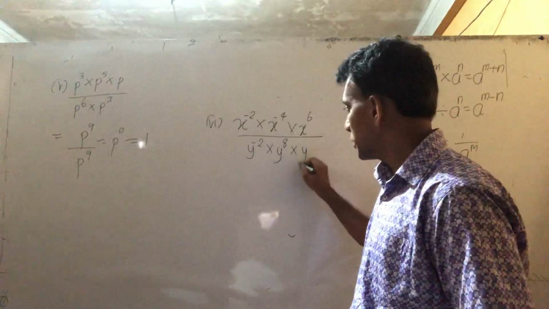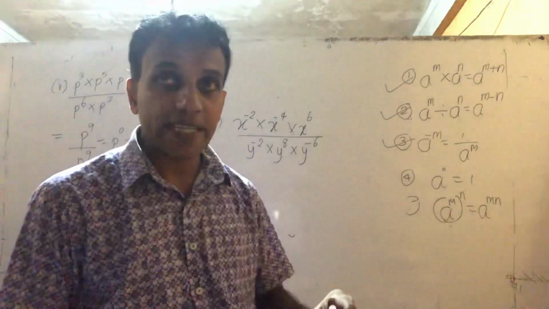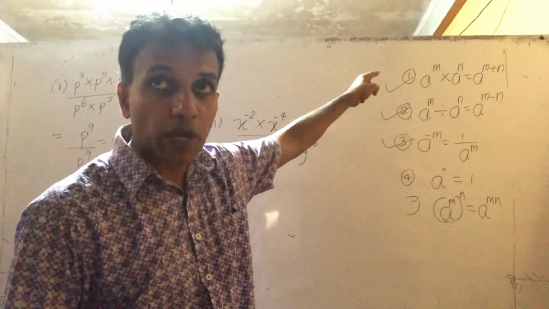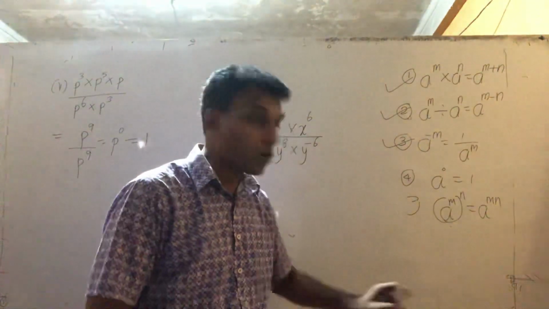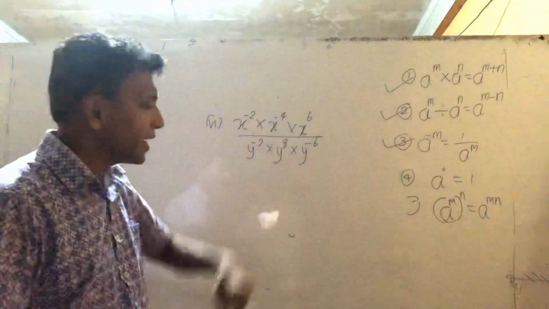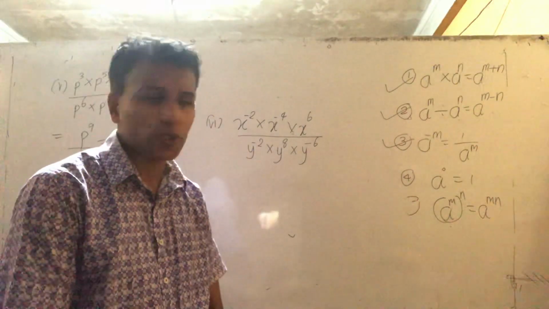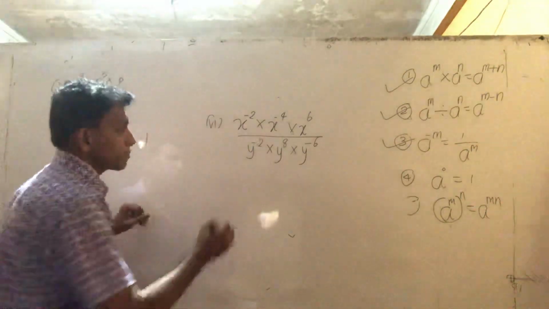As I mentioned earlier, not only rule number 4 of indices, but in some questions you apply rule number 1, rule number 2 and rule number 3 also, along with rule number 4, right? Now we solve this, with a couple of negative powers also. You know the idea of the negative power, so simplify by any method.